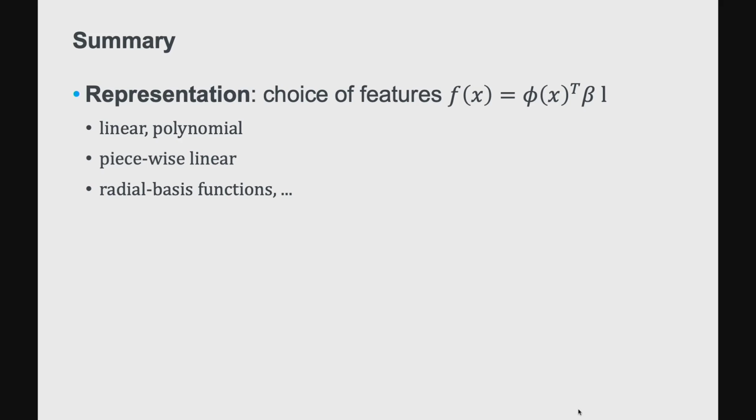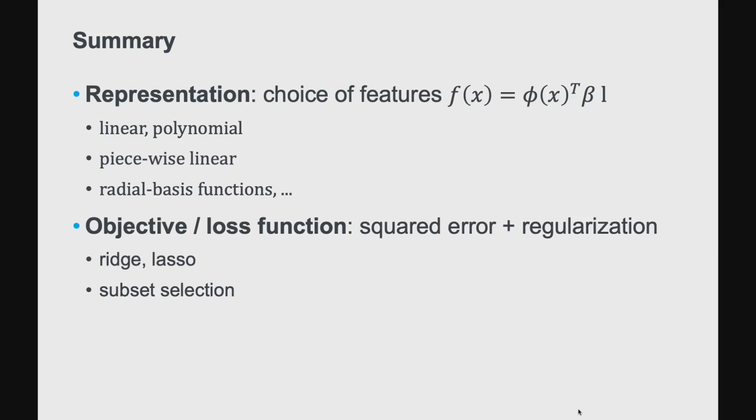It's always learned based on this kind of expression: f of x is a feature function transposed times our beta. That's our powerful model. As a loss function, we typically have a squared error. And if we want to optimize prediction, we do some so-called regularization. I talked about lasso and ridge, both are regularizations, and regularization is anything that fights overfitting. So we have a regularization term.